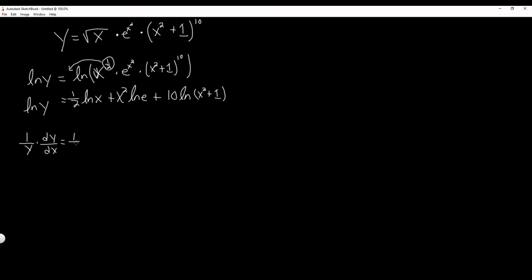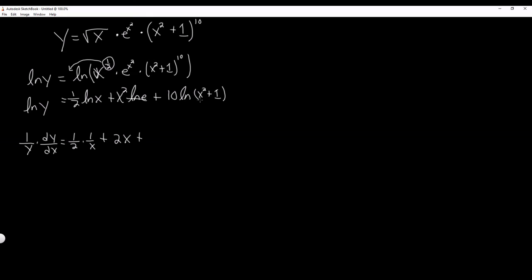So this is going to be 1/2 times 1 divided by x plus, the natural logarithm of e is just 1, so we can cross this out, and x squared times 1 is just x squared. We'll use the differentiation rule to differentiate x squared, and that leaves us with 2x plus.